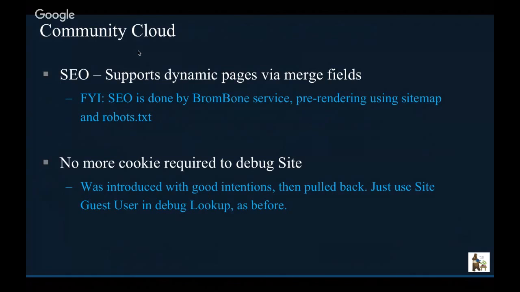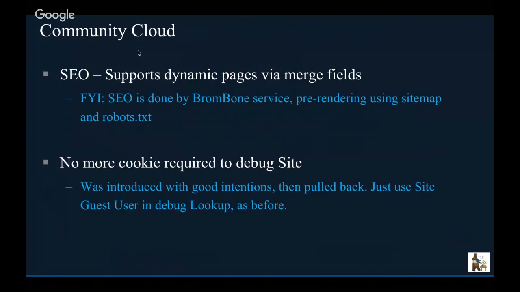So if you set up a debug log for it, it could be hard, so they made it so that you had to put a cookie in. The ones that had the cookie would get the debugging. That was problematic too, because how can you tell users to set a cookie, right? But that's not required anymore, and it's back to going to the debug log, choosing the site guest user and setting the debug level on the site guest user.